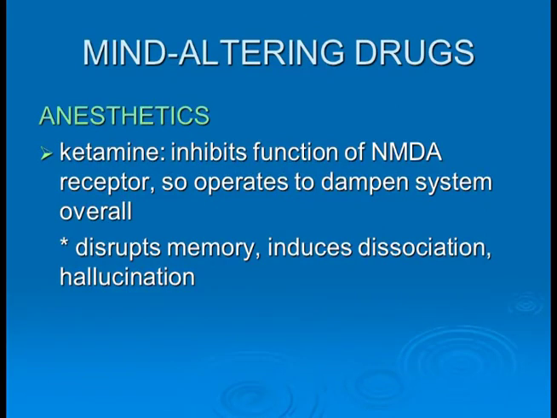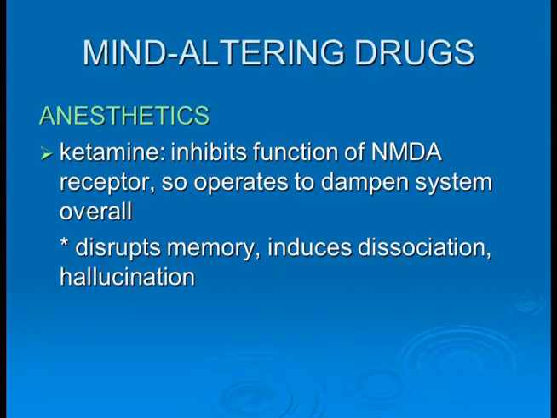Next category of mind-altering drugs is anesthetics. These are ones that are normally given when you undergo surgery of some kind, but they can also be taken in recreational contexts. Ketamine is an example of an anesthetic that's used in both contexts. It inhibits the function of the NMDA receptor, so it operates to dampen the system overall, because that's one of the general structures of the brain.